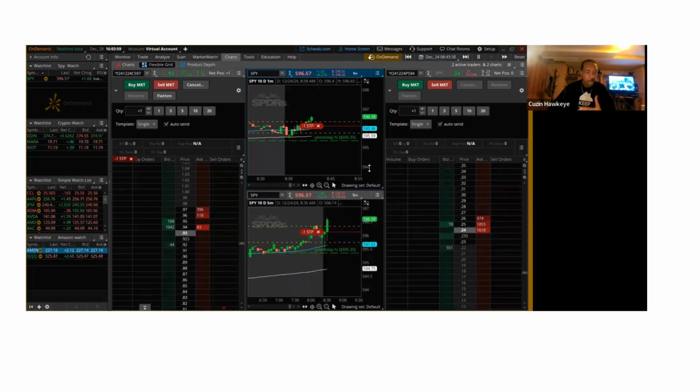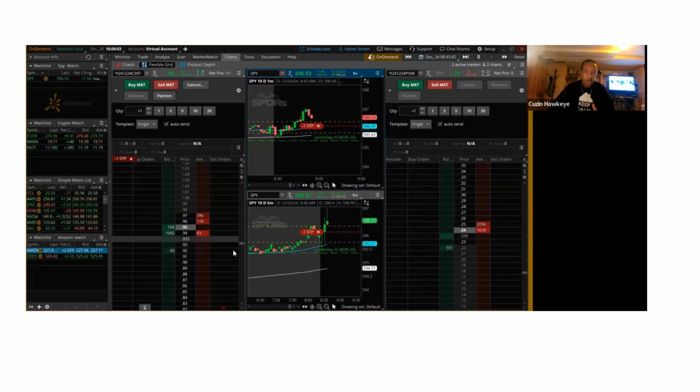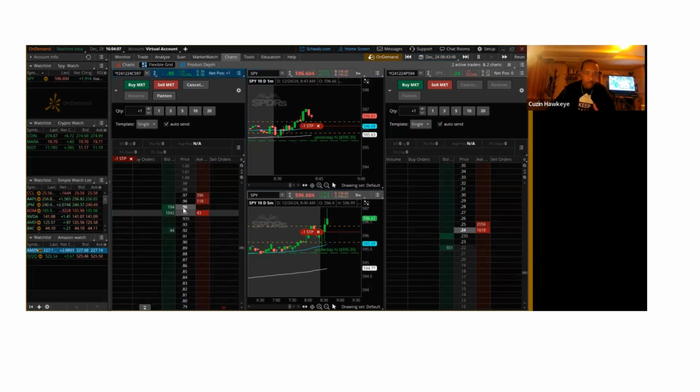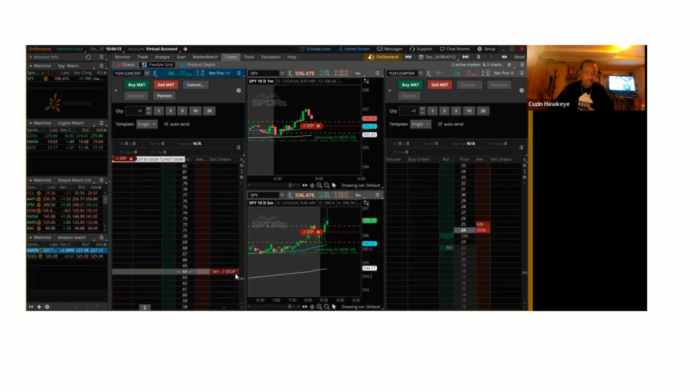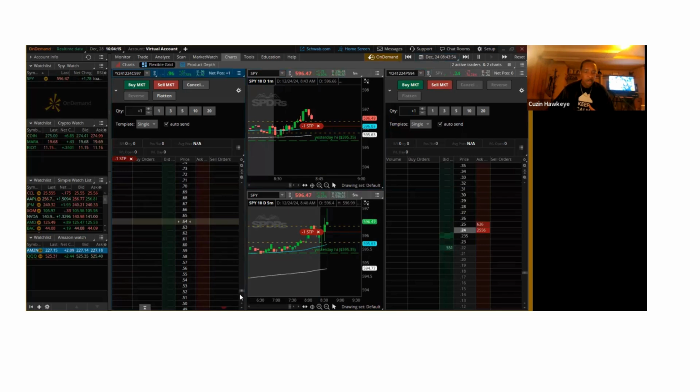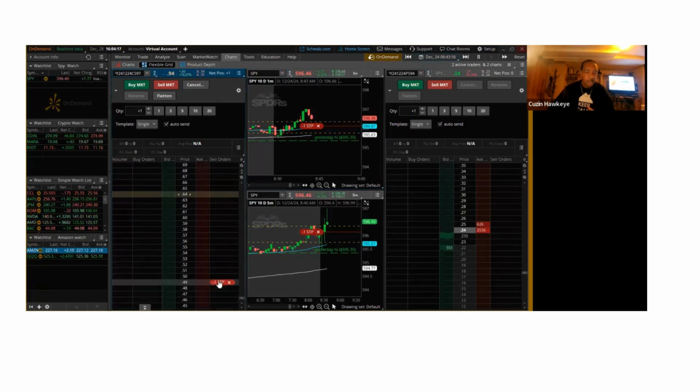It's broken above the box. It's gone up, and already it has moved itself up to 95 cents. Remember, I got in at 64 cents. So not only can I move my stop loss all the way up to even a little bit over break even.